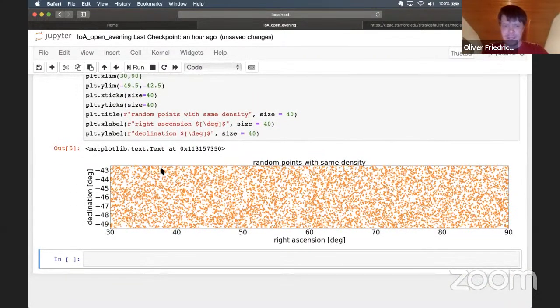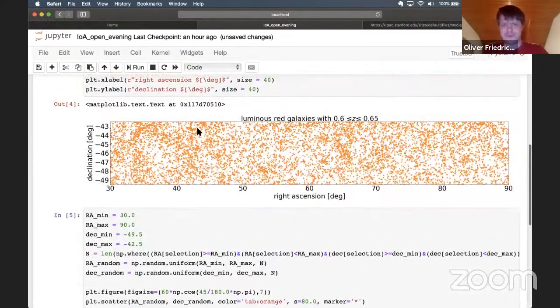And you can clearly see there are much fewer features and structures in this random set of points than you see up in the real physical density field. So these clusterings are not just a chance alignment of points. There's a significant overdensity in the cosmos at this location.